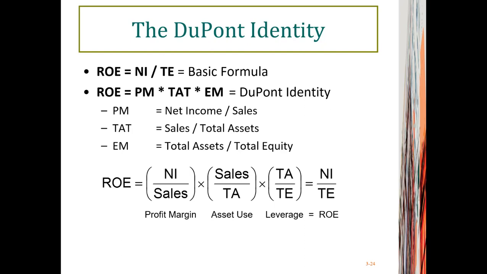So the mathematical manipulation here seems pointless. However, it reveals three critical drivers of ROE: profit margin, total assets turnover, which is the proxy for operating leverage, and financial leverage, expressed in the equity multiplier.